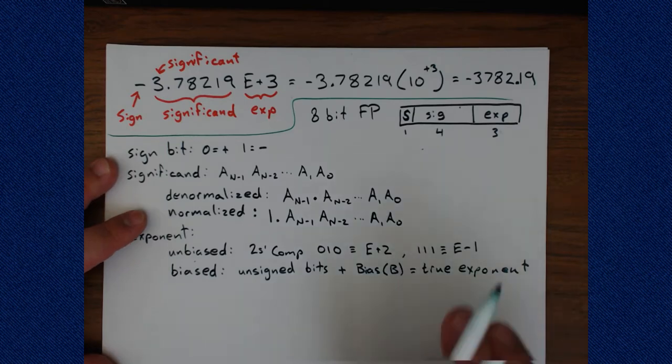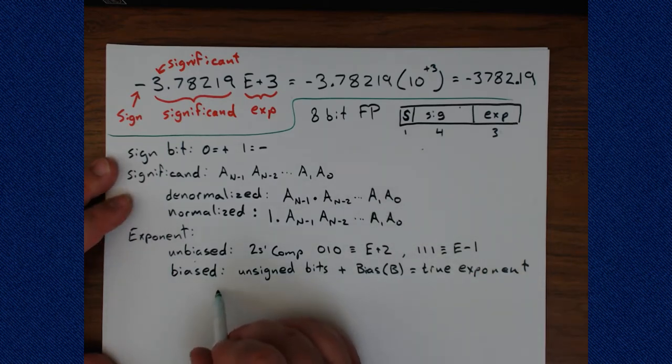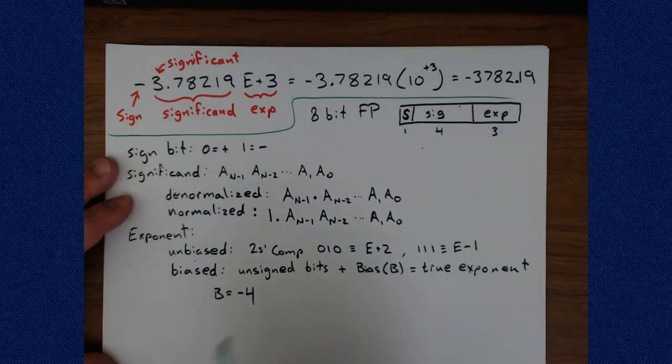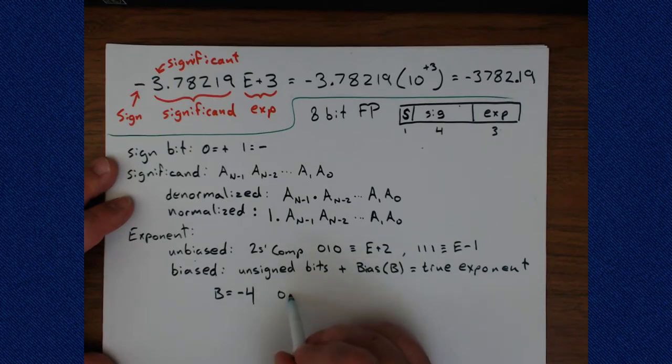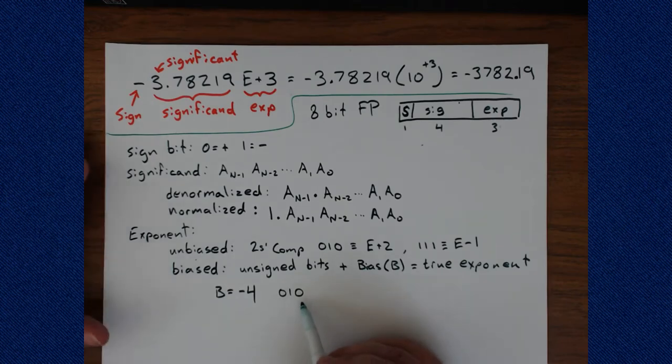All right, so as an example, we might have a biased exponent representation with b being equal to -4. Then if we had 3 exponent bits here, let's say 0, 1, 0. We're going to treat this as an unsigned 3-bit number, and this is the number 2.